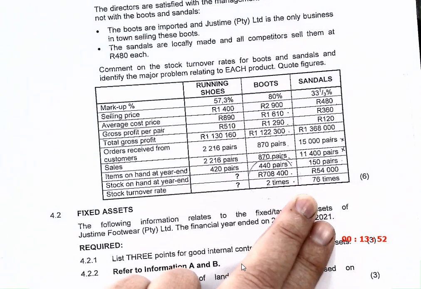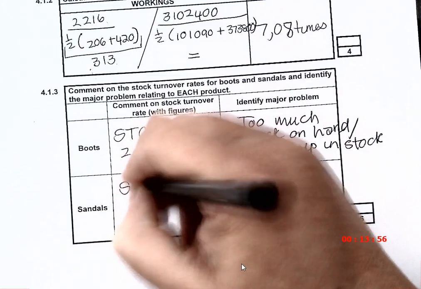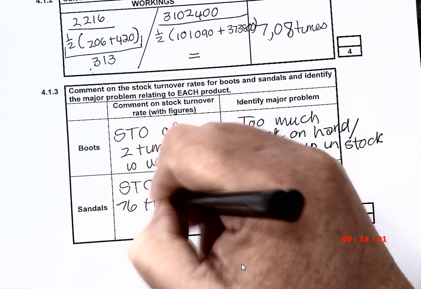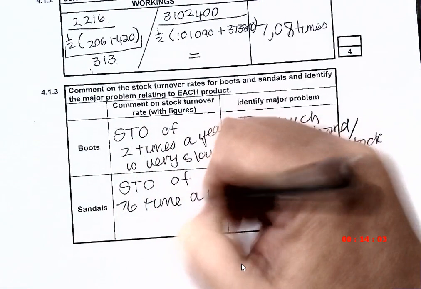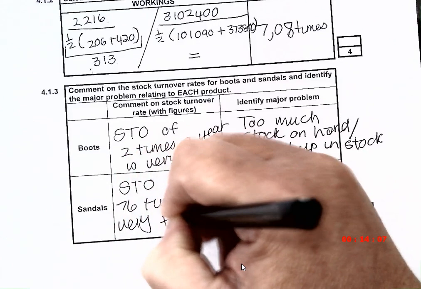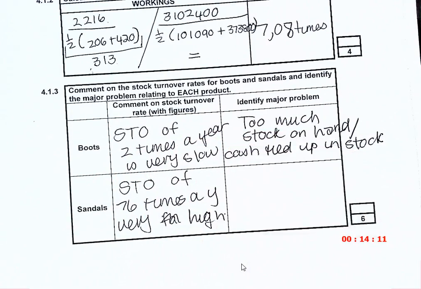Stock turnover rate 76. So a stock turnover rate of 76 times a year is very fast. It's very high, say rather very high. 76 times a year, it's quite a lot.